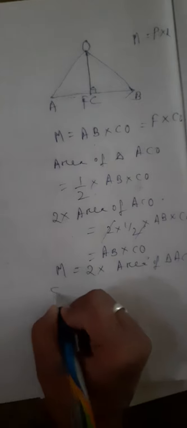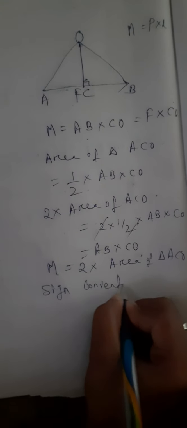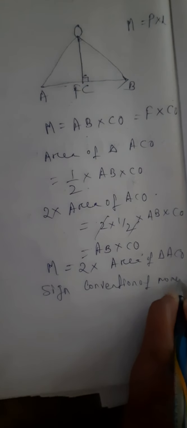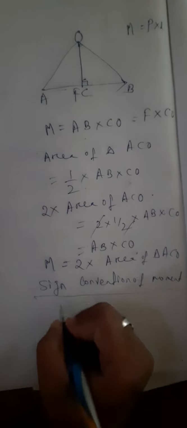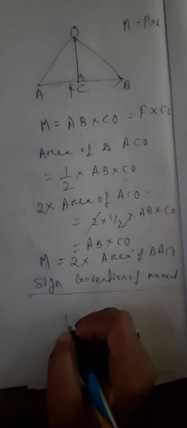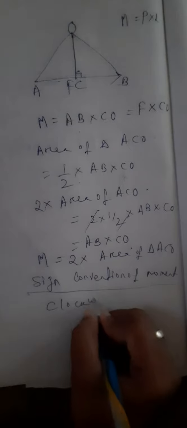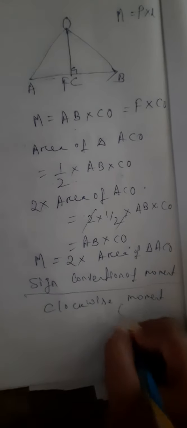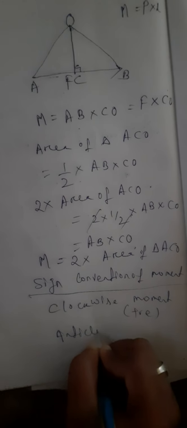Next is the sign convention of moment. How do we decide the sign of a moment? I have already told you what is clockwise and what is anti-clockwise moment. Basically we take clockwise moment as positive and anti-clockwise moment as negative.